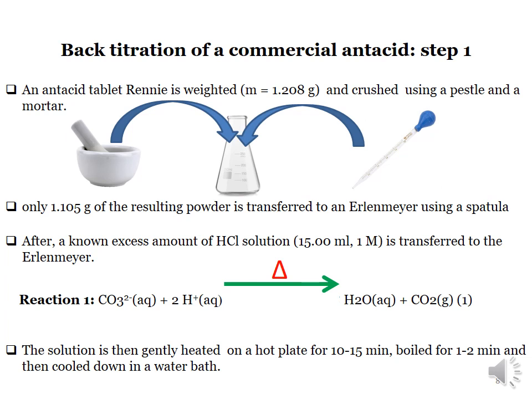There is no buffer anymore. We now have the carbonate reacting with the acid to give carbon dioxide and water. And if you are asking me why we heat it up here, it is because we need to quantify the carbonate, and in order to quantify the carbonate we need an irreversible reaction.